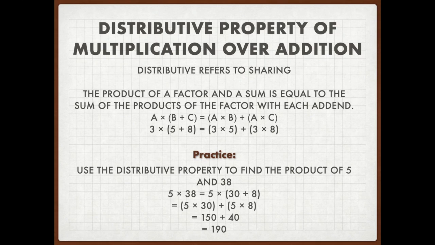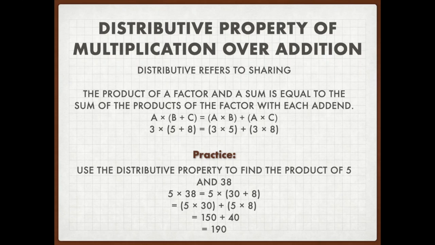Now we have the distributive property of multiplication over addition. Distributive refers to sharing. Make sure you put a star or some sort of asterisk or underline so that you know that distributive refers to sharing.